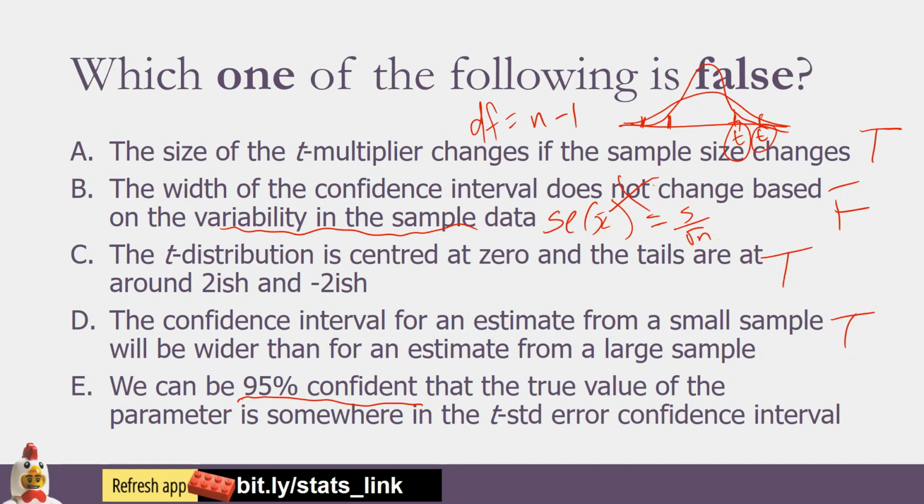As we saw in the previous recording, by using the t multiplier and taking into account sample size, and by using standard error as an estimate for the sampling error, we can get an interval that pretty much works 95% of the time, regardless of sample size, regardless of how varied the data is, regardless of any other factor. There are some assumptions in that, but we don't cover those until chapter 8. But for now, yes, we can be 95% confident the true value of the parameter is somewhere in a t-standard error confidence interval.